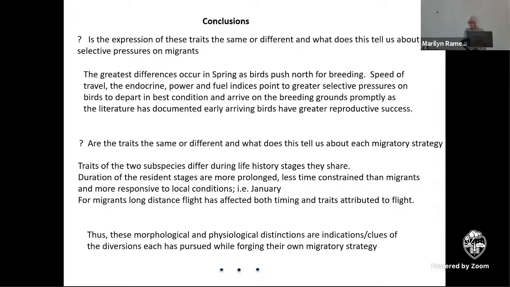That is, January seems to be a period of time when residents are much more reactive in terms of their baseline, and females particularly, in terms of body mass and muscle mass. So for migrants, long distance flight has affected both their timing and traits attributed to flight.